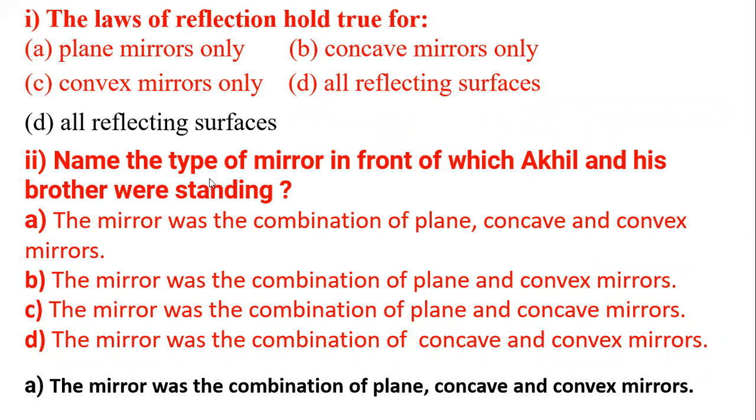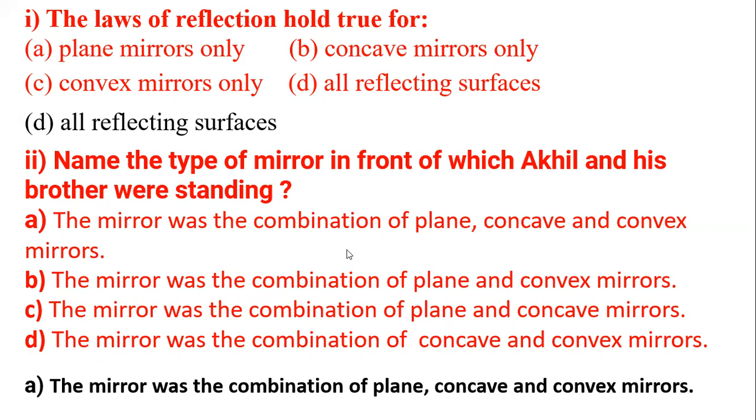Next, number 2. Name the type of mirror in front of which Akhil and his brother were standing. Here, the upper part of their body looks the same. Then the belly is of enlarged size, and at the bottom the legs look short. Then think which mirrors would be.